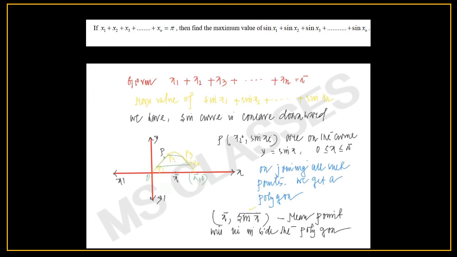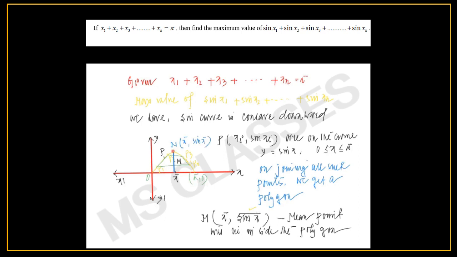Then this point we denote as M, the mean point, which will lie inside the polygon. And if we take a perpendicular, we have another point, which we call N, that is on the curve. This is x bar, sine x bar.